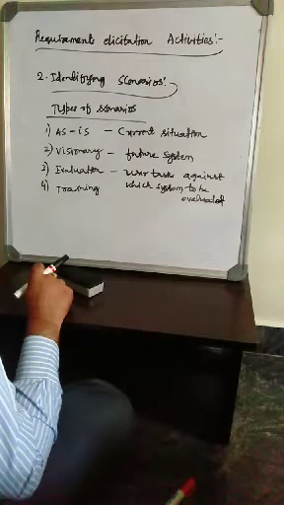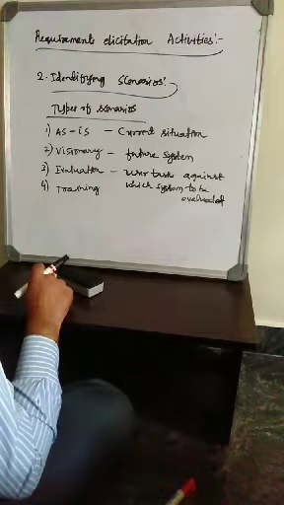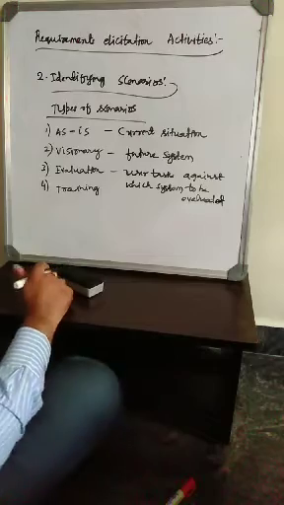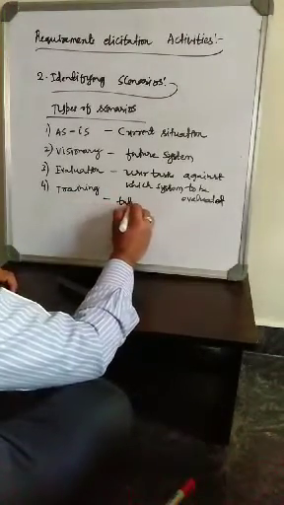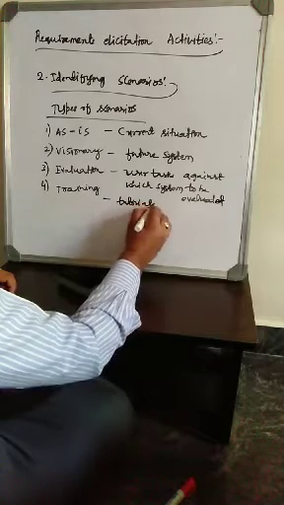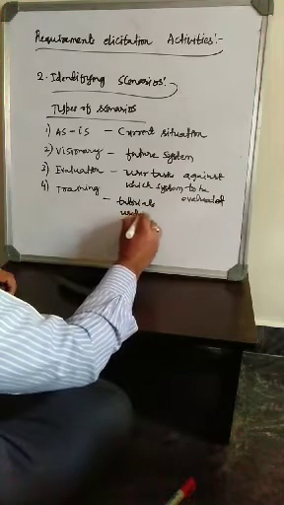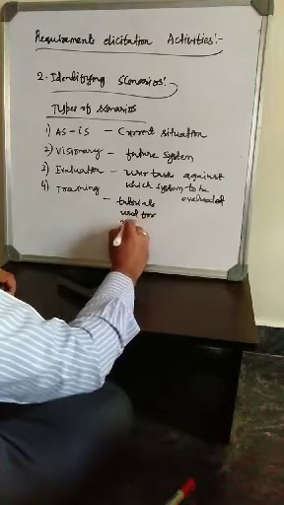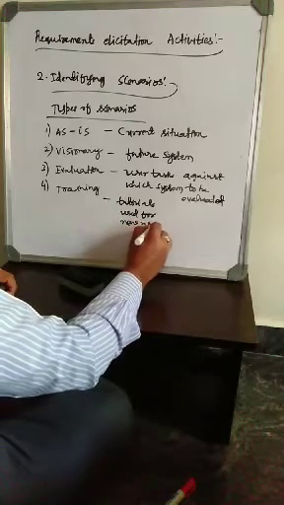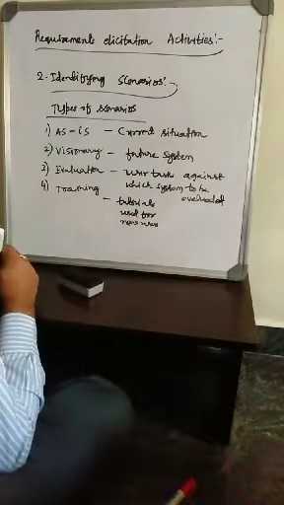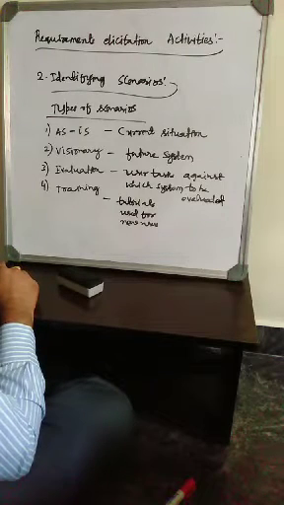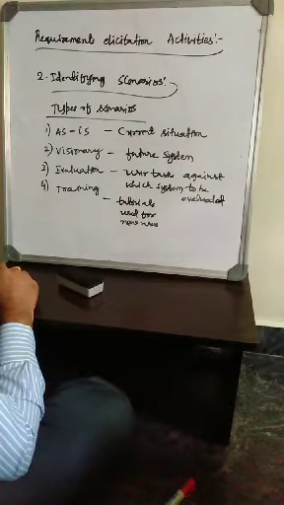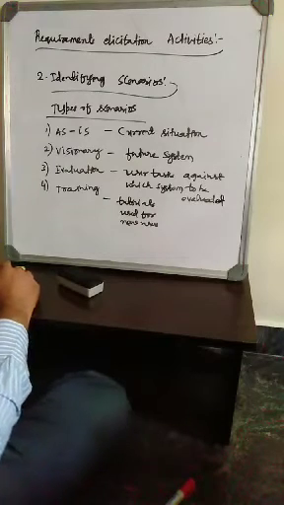Next is the fourth one, that is called training scenarios. Training scenarios are the tutorials that are especially used for new users. If any new users are to join a particular system, at that point of time we may make use of training scenarios.